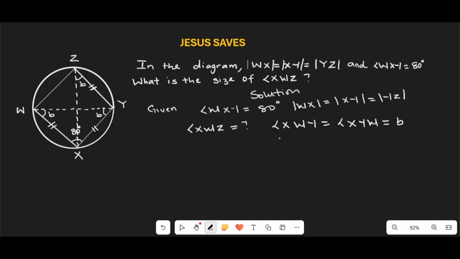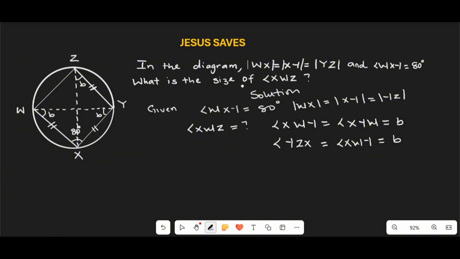So angle YZX equal to angle XWY, which is equal to B. Now let us consider triangle XYZ, and XY is equal to YZ, which means that this triangle is an isosceles triangle and their base angles are equal.